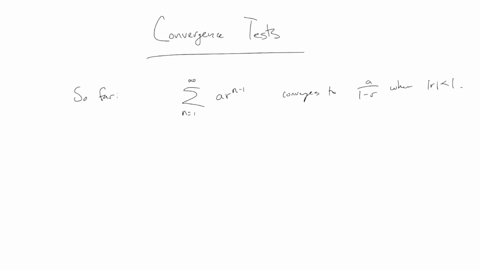And we also discussed, I believe just last time, the very specific example, 1 over n, that diverges. I will refresh your memory: that first one is called the geometric series, and this one is called the harmonic series.